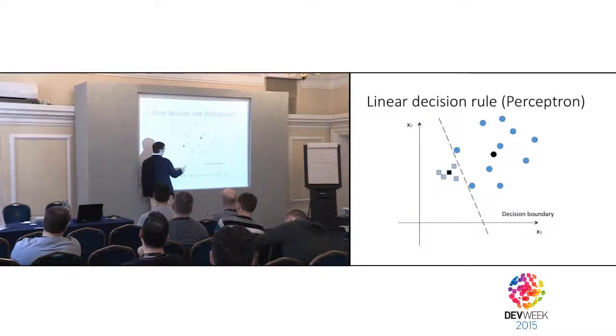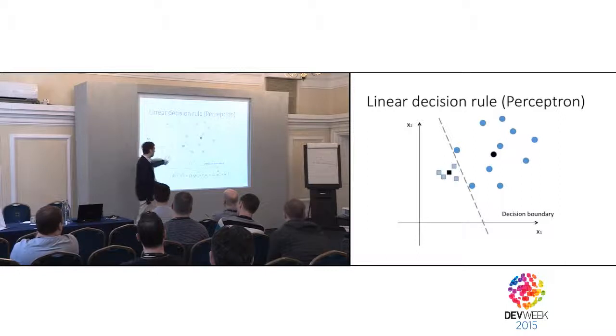Points for which this expression gives a positive value will be on the right side of this line. Examples for which this expression gives a negative value will be on the left side. Basically, this expression represents some kind of unnormalized distance of the point to the line.